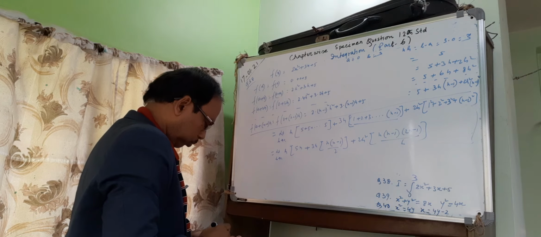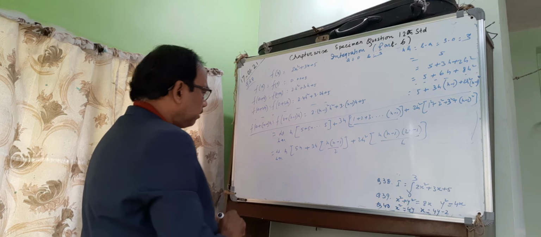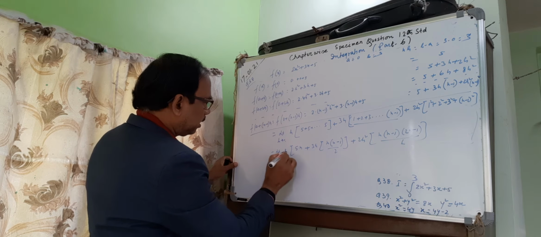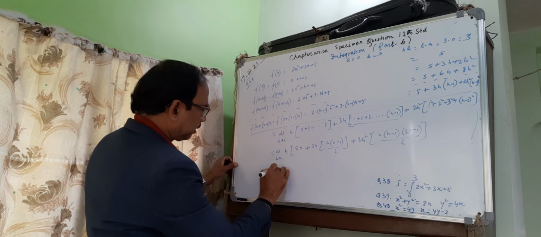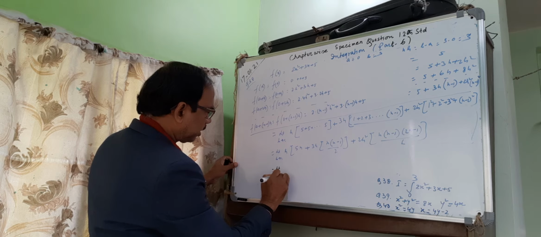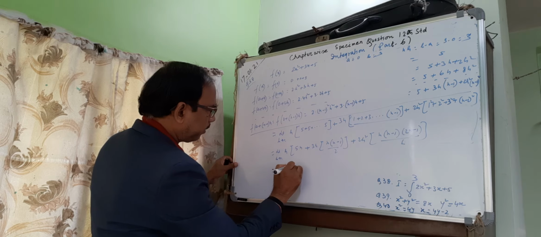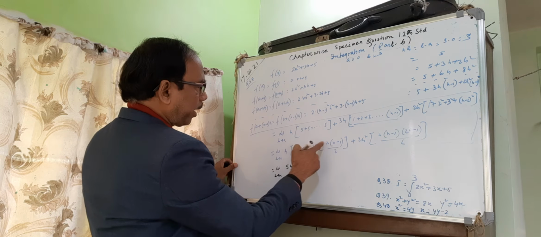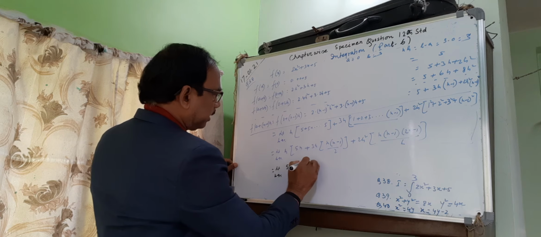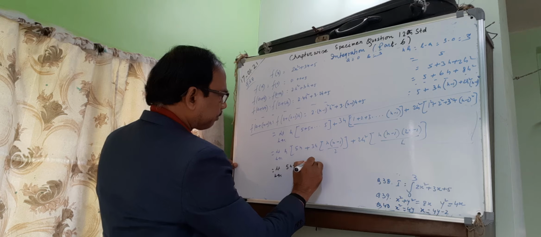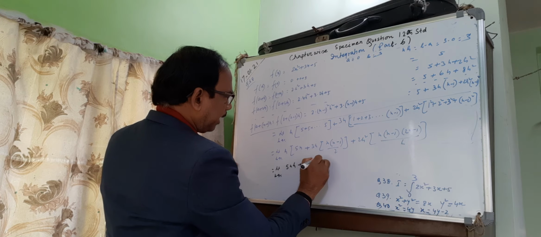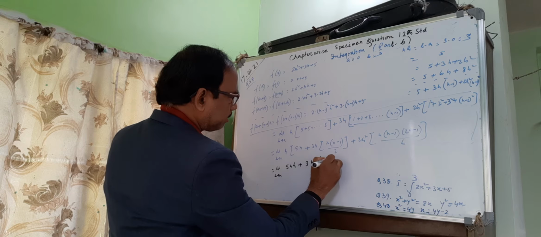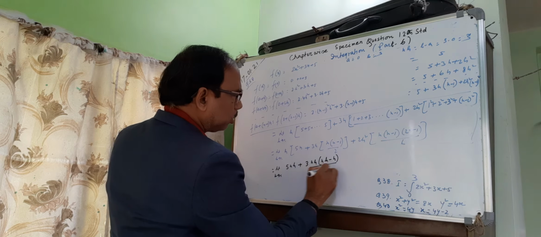Now take the formula: limit h tends to 0, 5nh plus 3, h and h square, one with here, one with here, that is 3nh, minus h by 2.